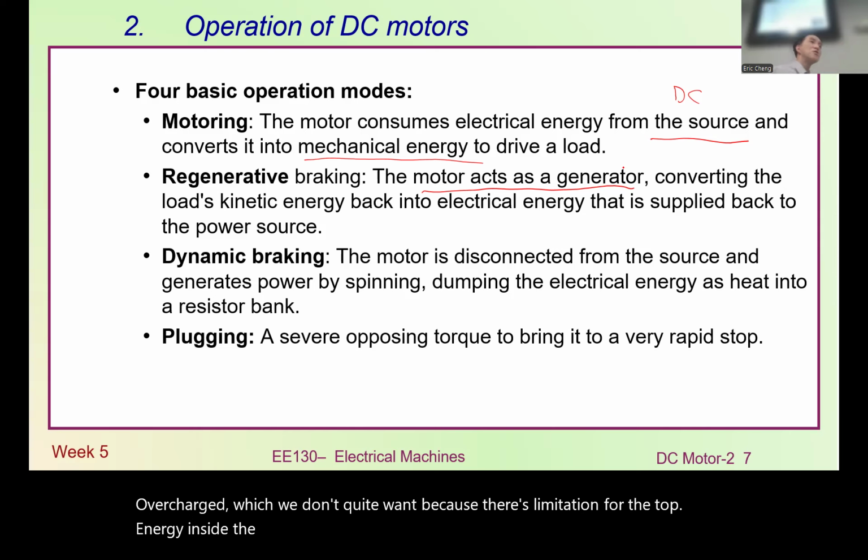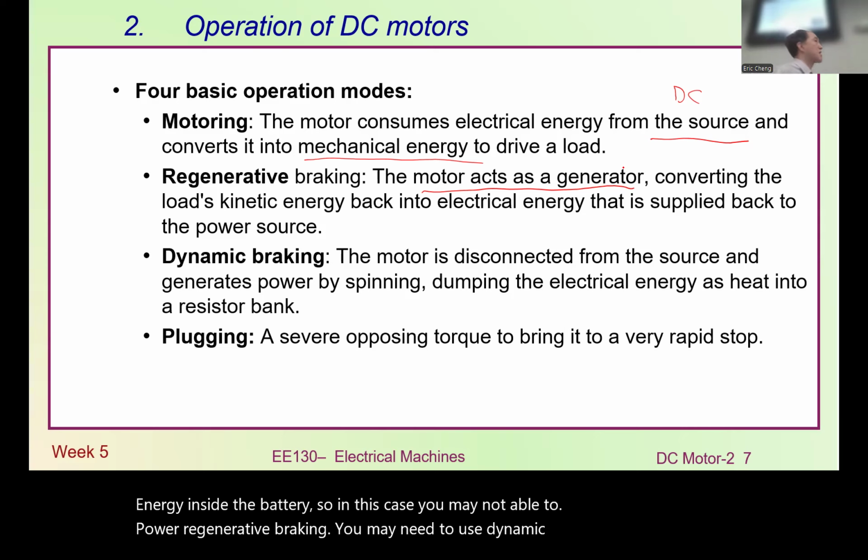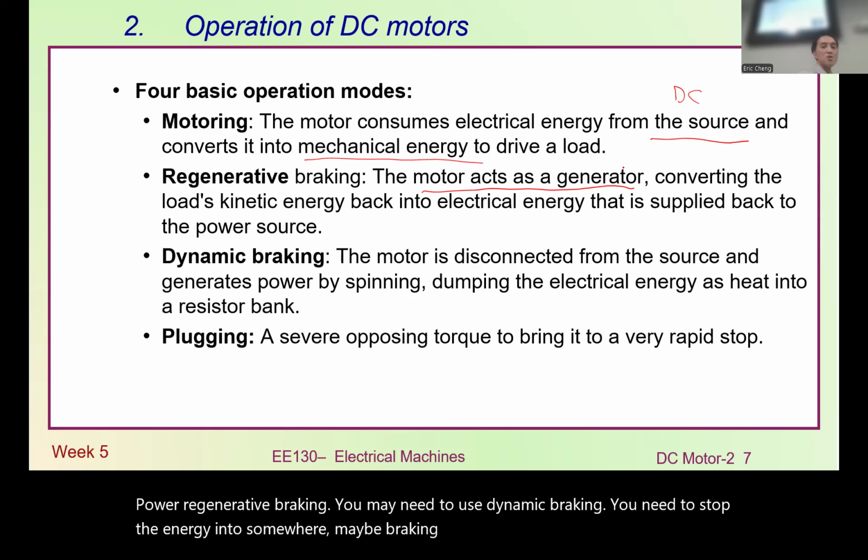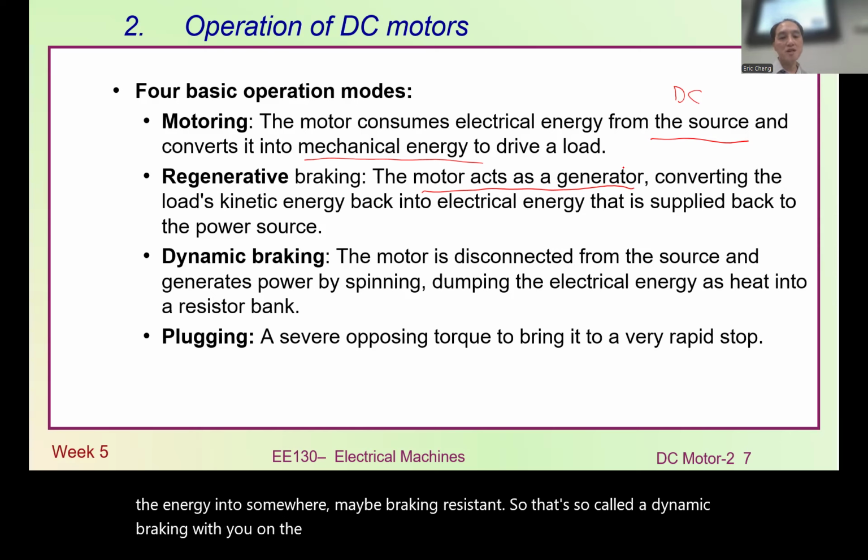So in this case, you may not be able to use regenerative braking. You may need to use dynamic braking. You need to dump the energy somewhere, maybe a braking resistor. So that's so-called dynamic braking. We use another method rather than regeneration to brake it.